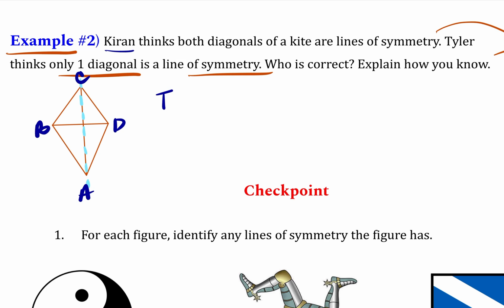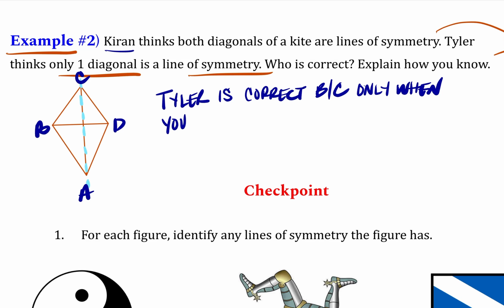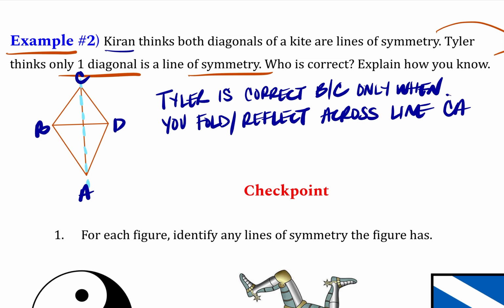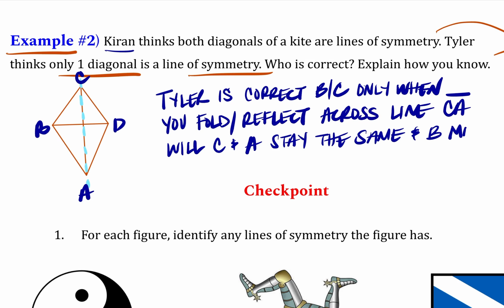So Tyler is correct because only when you fold, it reflects across line CA, notation practice, will C and A stay the same and B would map onto D. You could also add, if you fold across the other diagonal BD, A would not map onto C.